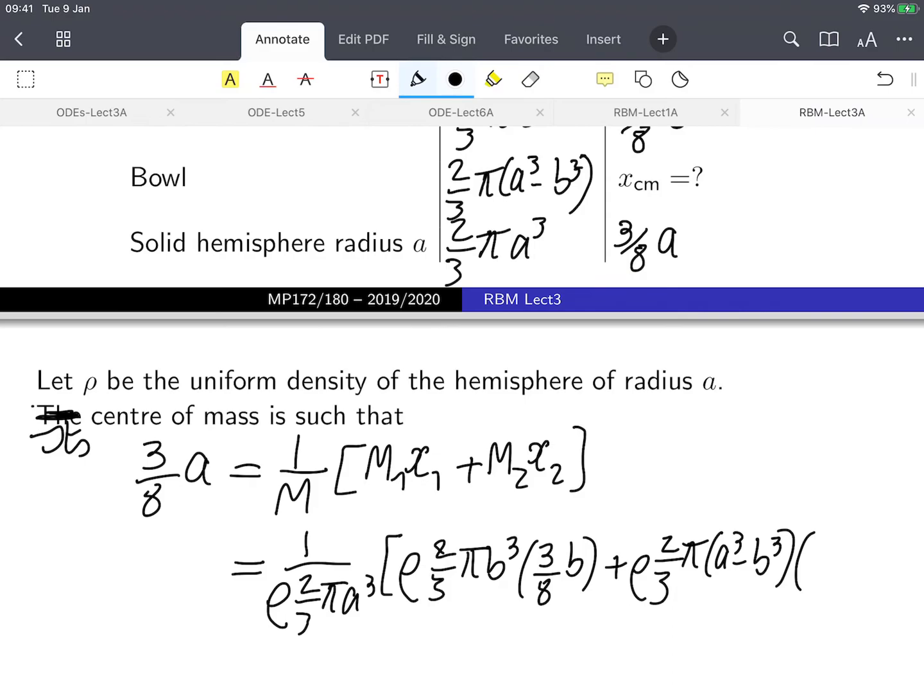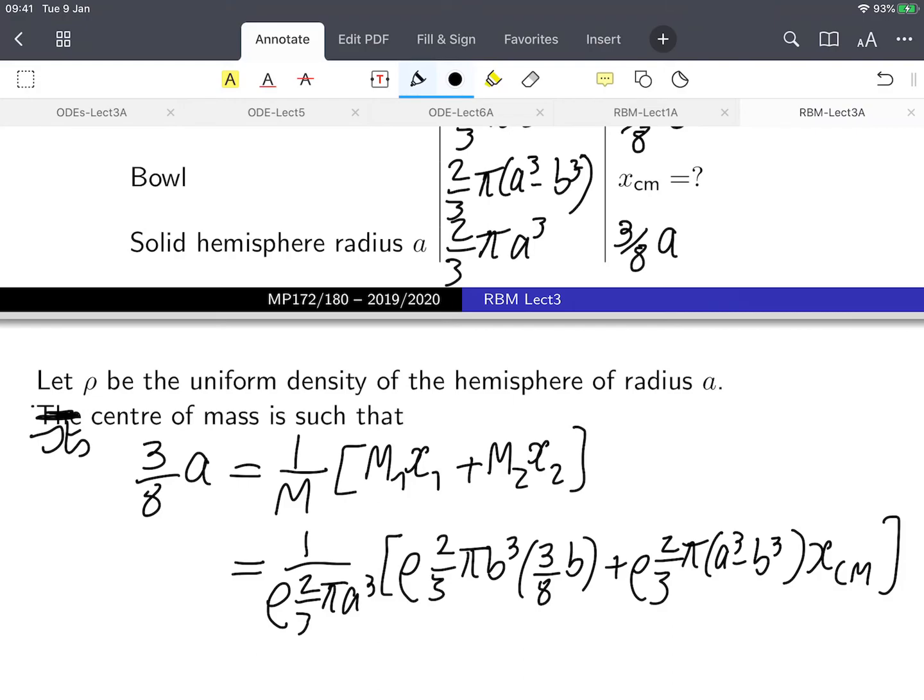And the position, I don't know it, is what I'm looking for, XCM. So now I just have one equation with one unknown, and I can solve it.